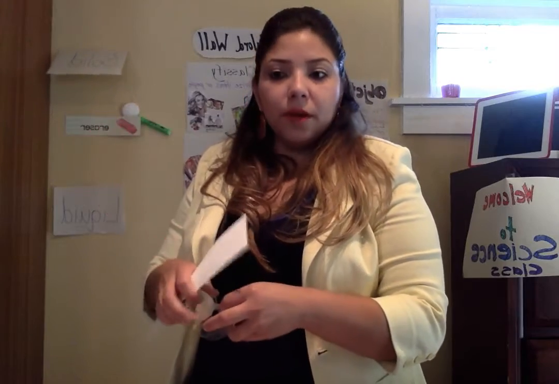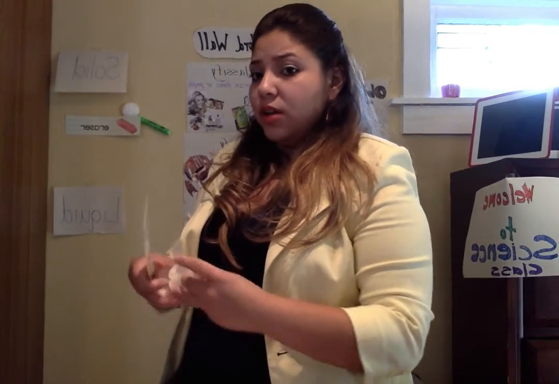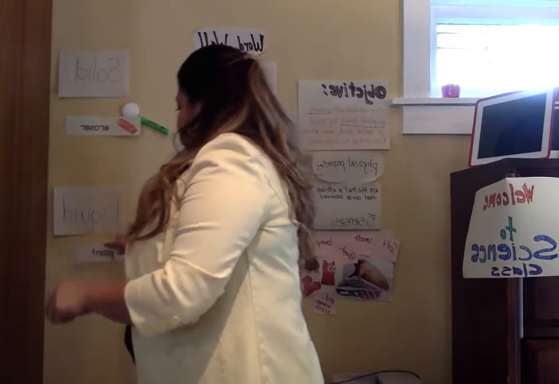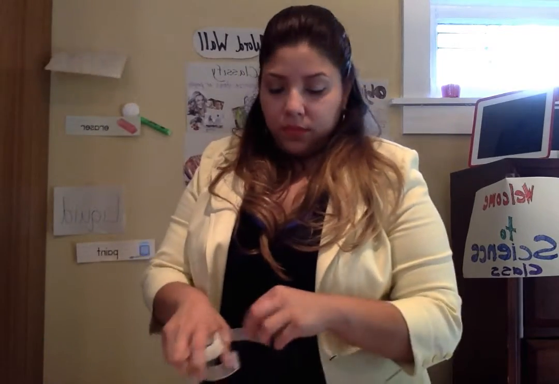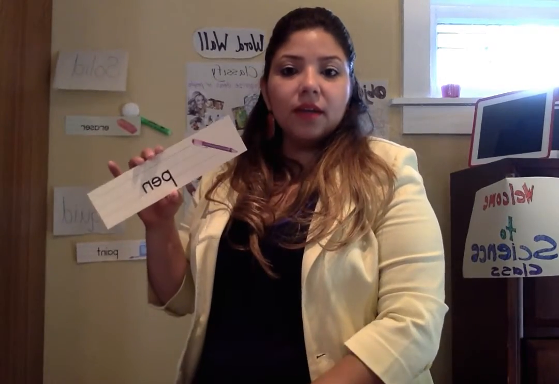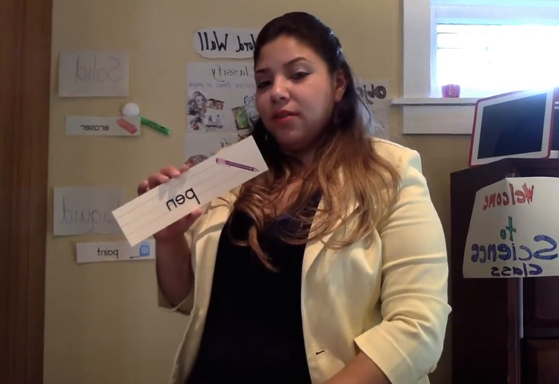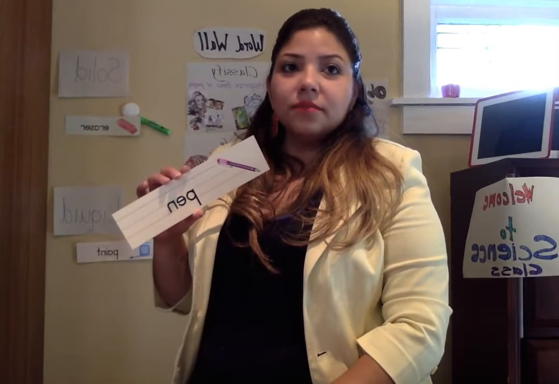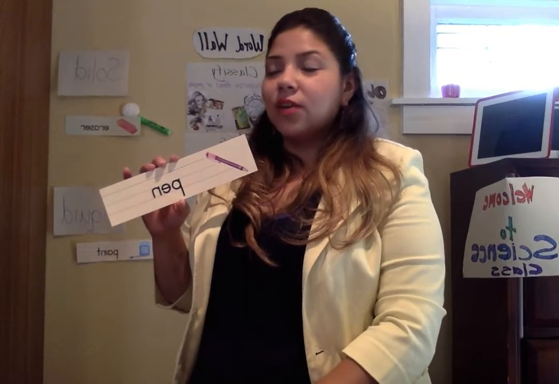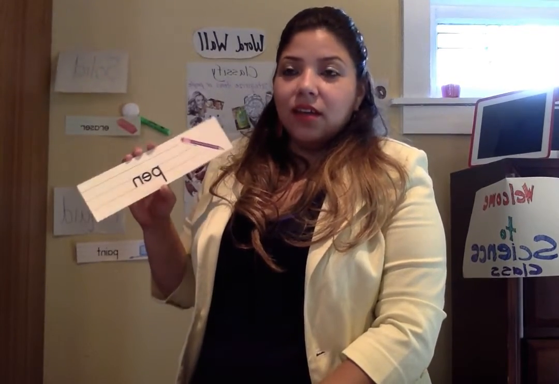Paint. Good. A paint, is it solid or liquid? Liquid. Good job. A pen. Inside the pen, there is liquid. But the outside of the liquid, there is a solid. Good.